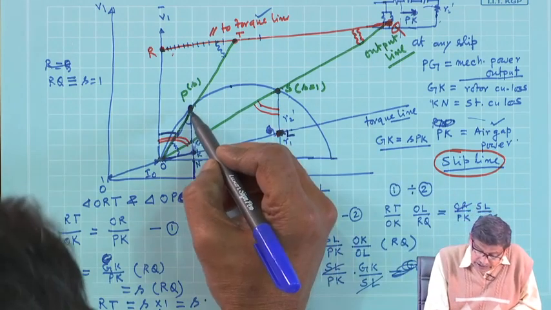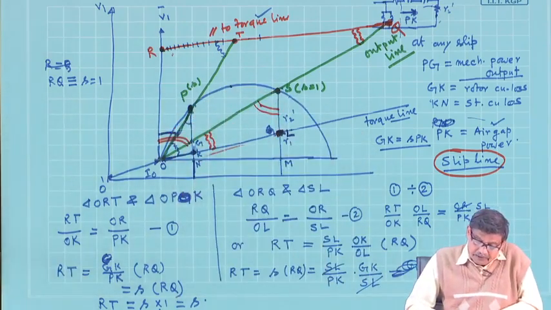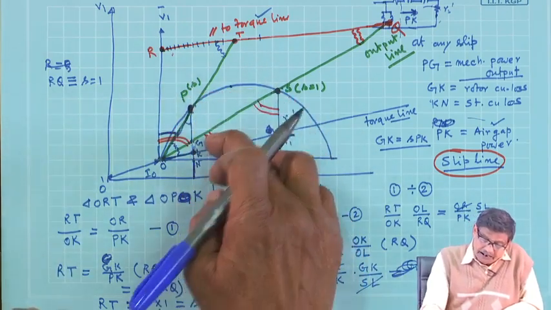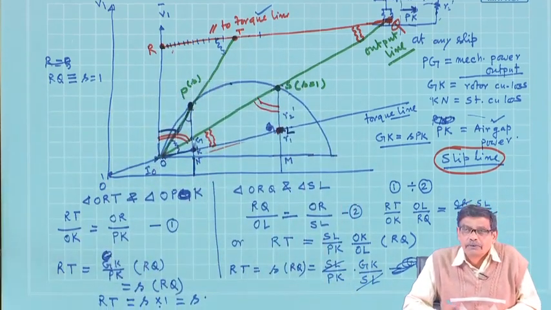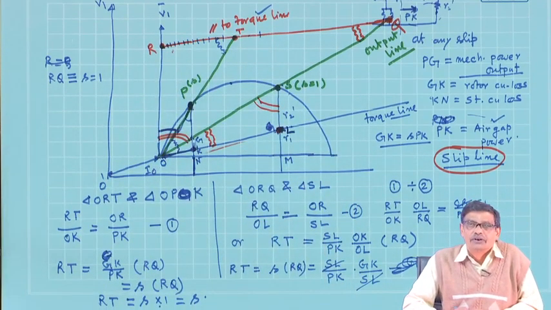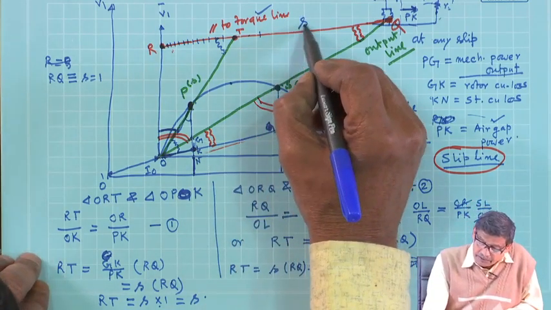And once I go to that operating point, I know everything: total input power, air gap power, mechanical output power, torque developed by the machine, and so on. So, this is called the slip line.